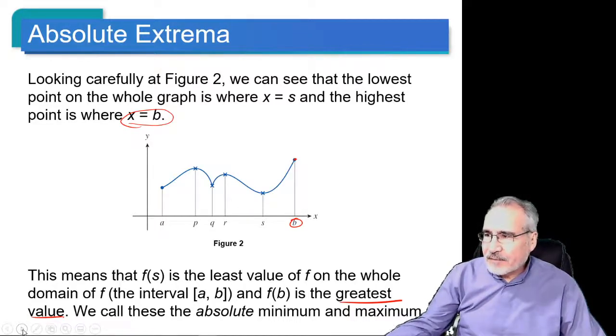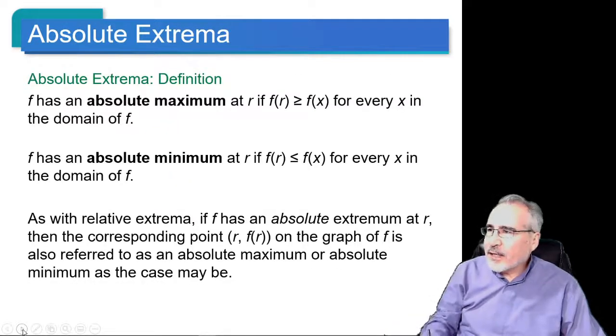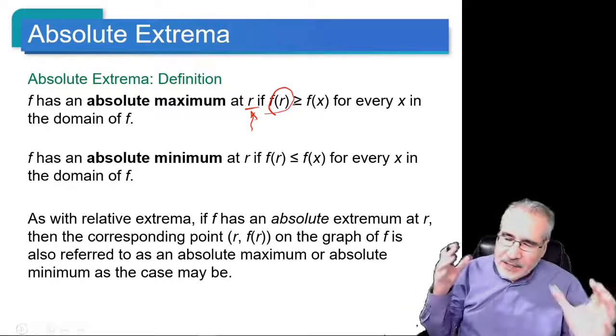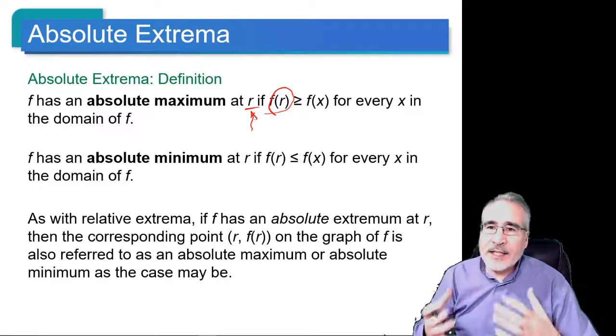So, absolute value, the greatest value of the whole graph. Okay, and that's really all we've got to say, is that it's bigger than everything else. So the y value, again, we locate it at an x value, but its y value is what is bigger than everything else. Sometimes when we start doing this analytically and we get all this stuff, we get confused.